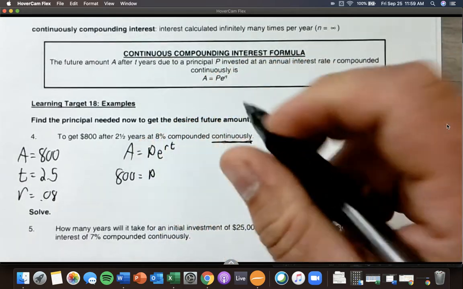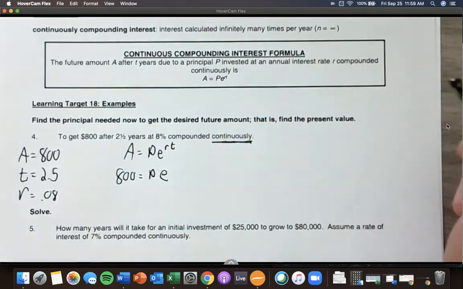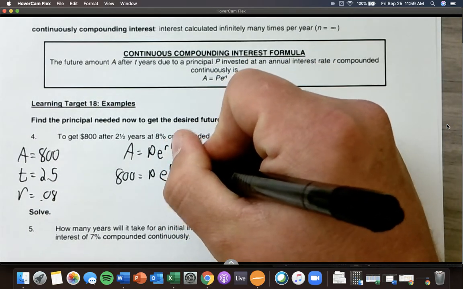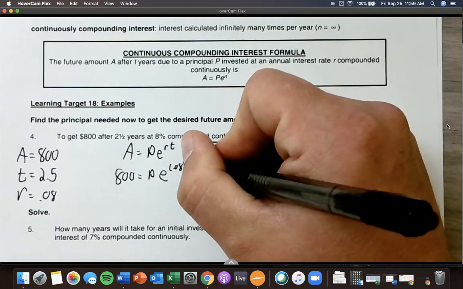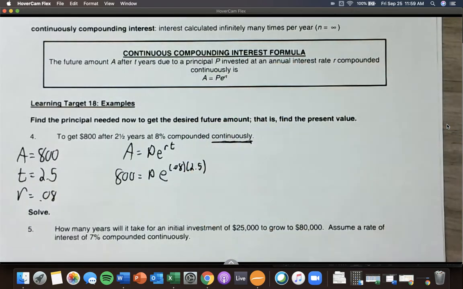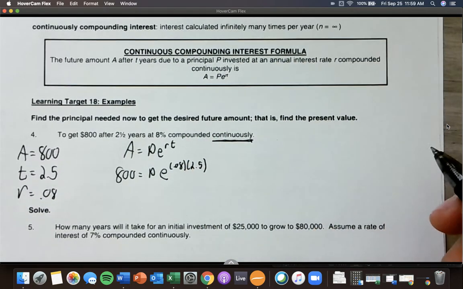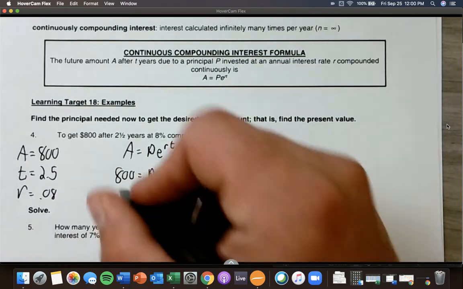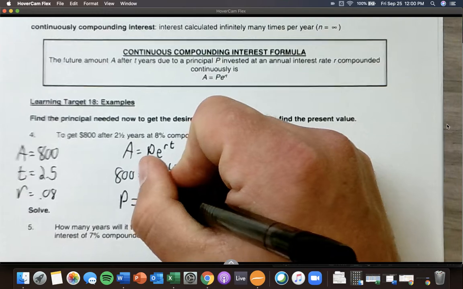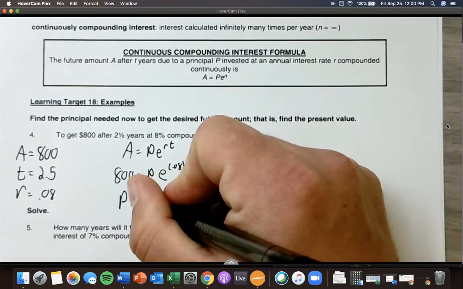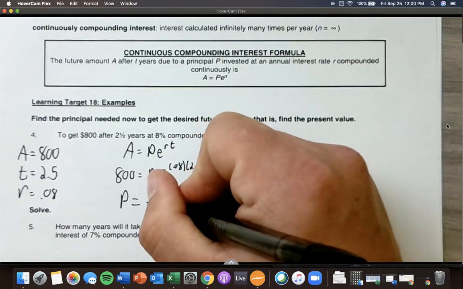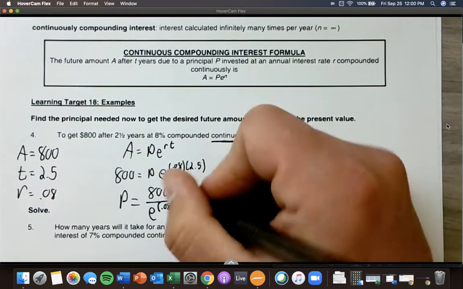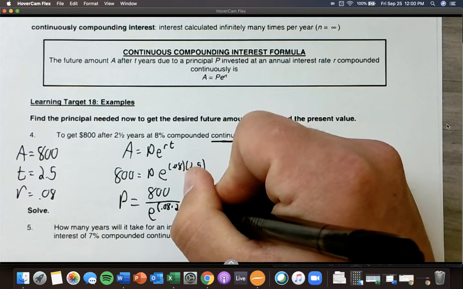Principal is what we're trying to solve for. e is just our constant here, and that's raised to the 0.08 times t, which is 2.5. All right, so again, we can just divide this e over, and we're going to get P is equal to 800 divided by e raised to the 0.08 times 2.5.